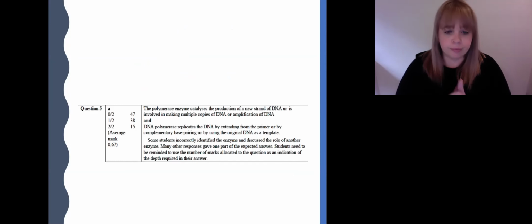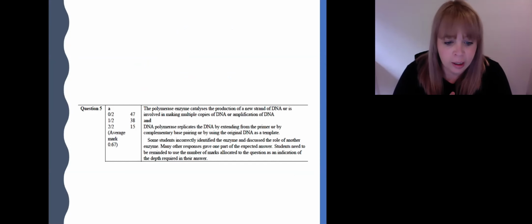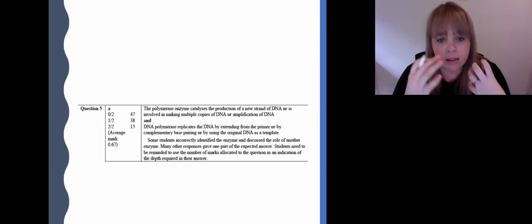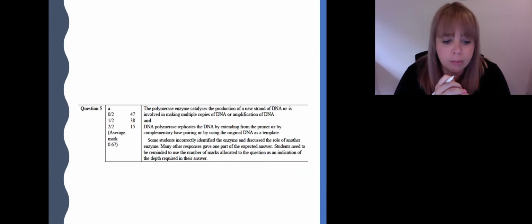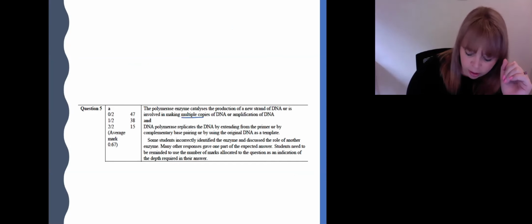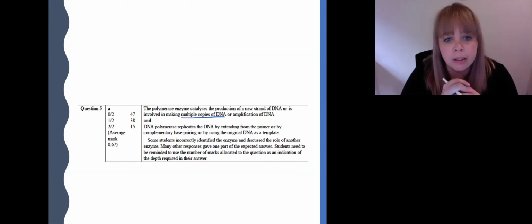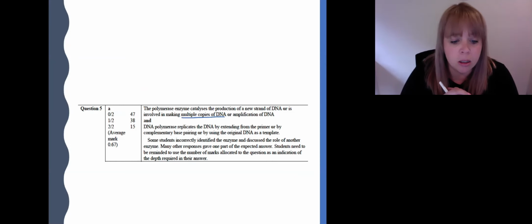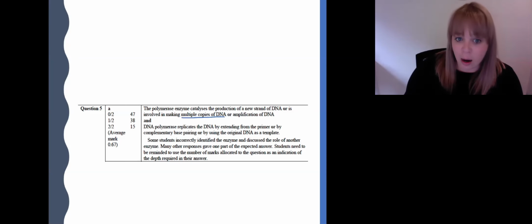All right. Hopefully, we looked at 2 facts. The first fact that we are looking for is that we're getting amplification, or I like this one, multiple copies of DNA. So the polymerase enzyme is going to give us multiple copies of DNA. And how is it going to do that?